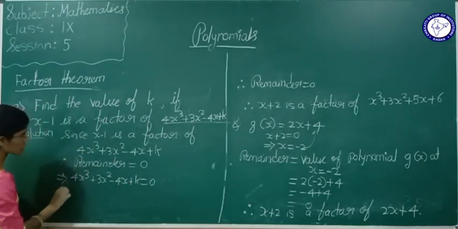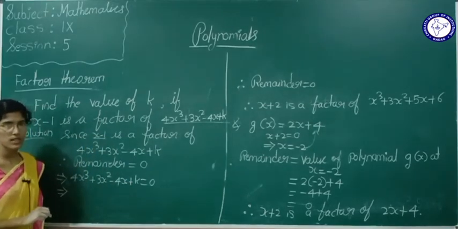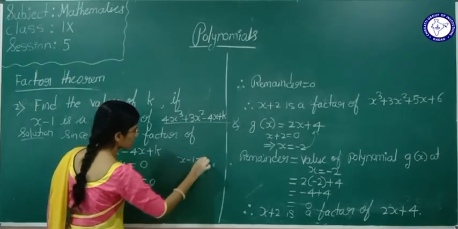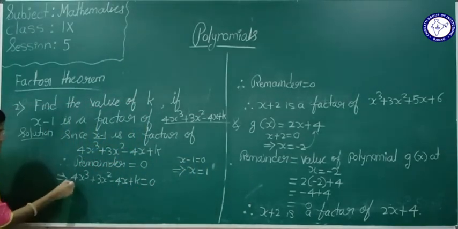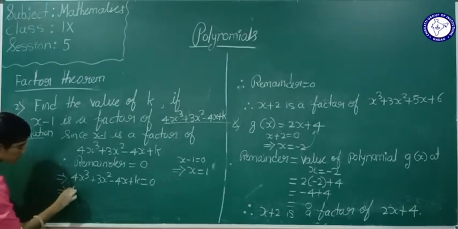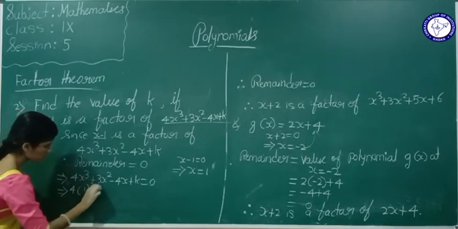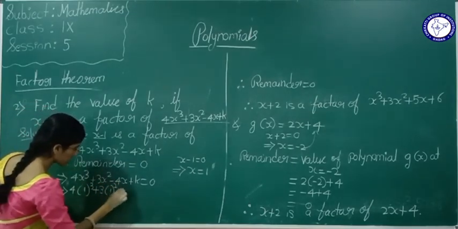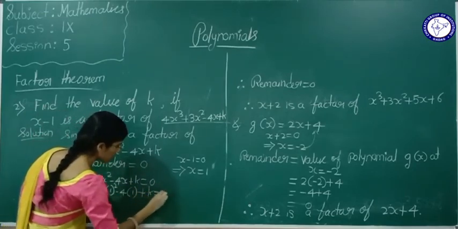So in this you equate x minus 1 to 0. What is the value of x? x is equal to 1. Substitute the x value in this one. It is 4 multiplied by 1 the whole cube plus 3 multiplied by 1 the whole square minus 4 multiplied by 1 plus k is equal to 0.